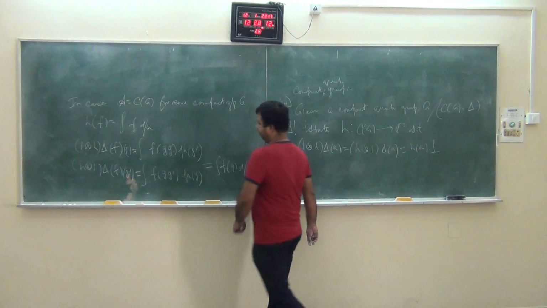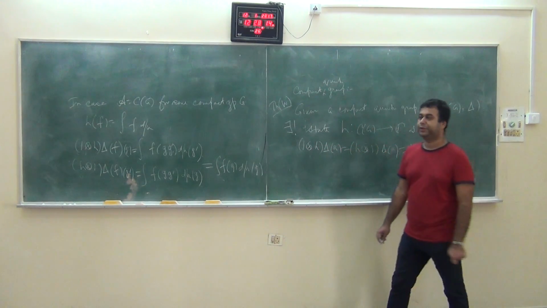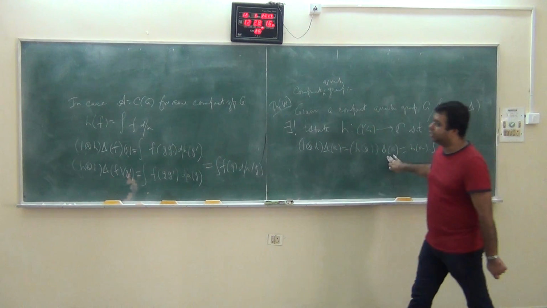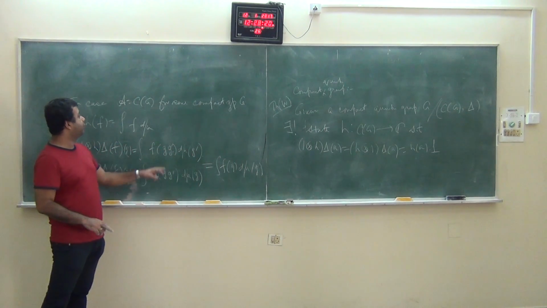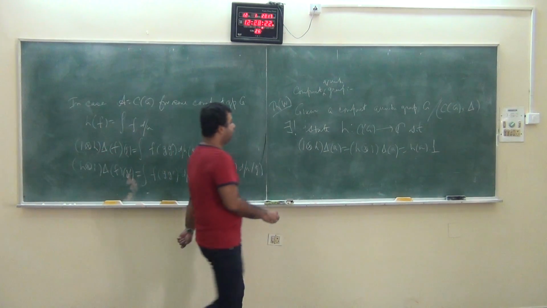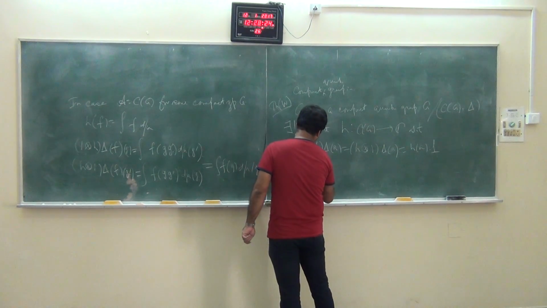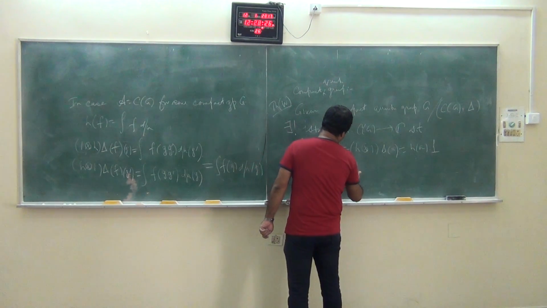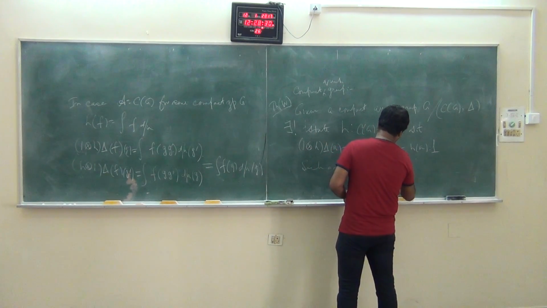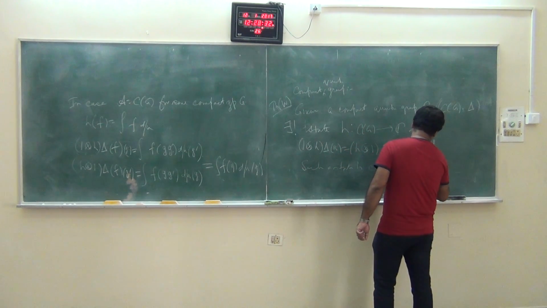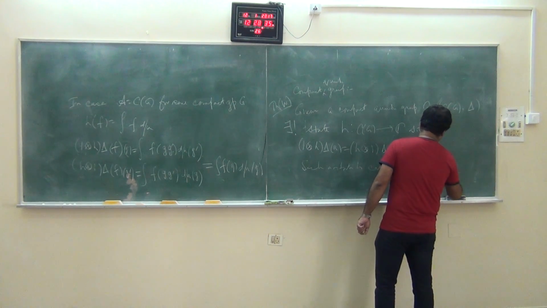Both of them are the same. So this condition is indeed a translation of the left and right invariance condition of the Haar measure. Therefore, such a state is called the Haar state.